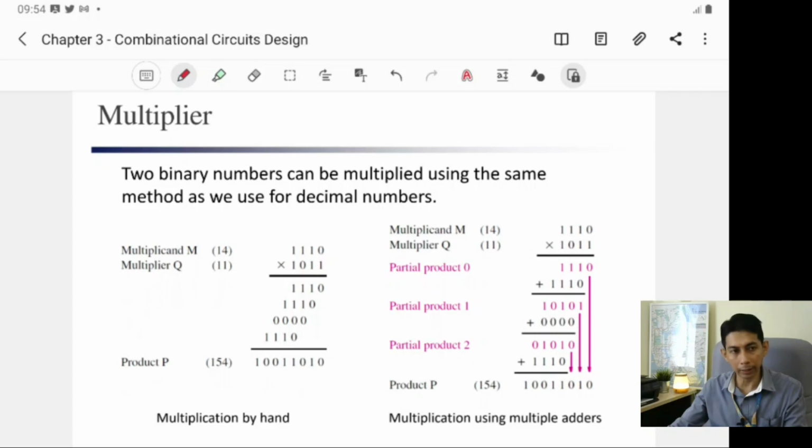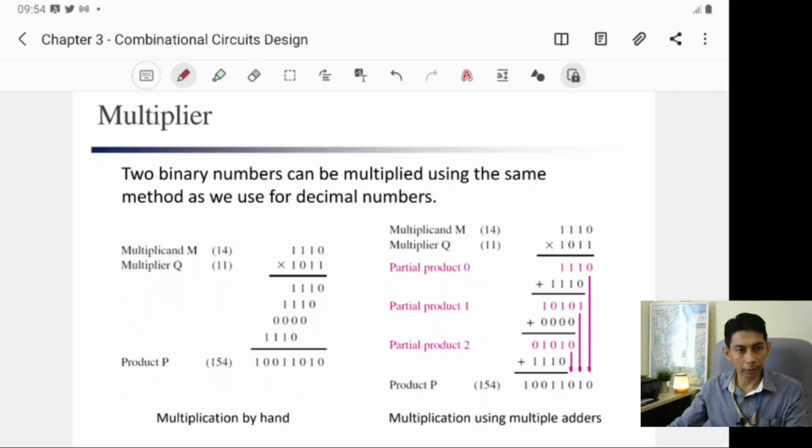Let's say, for example, the numbers are 14 and 11. When you change to binary, 14 is 1110, and let's say this is a positive number. And 11 is this in binary.